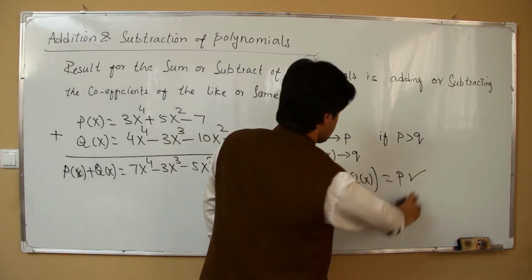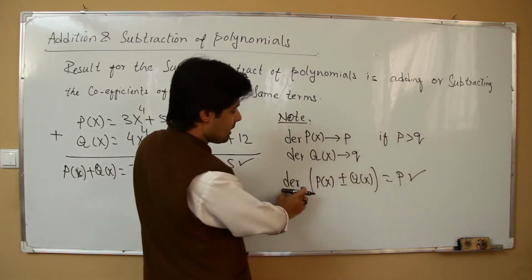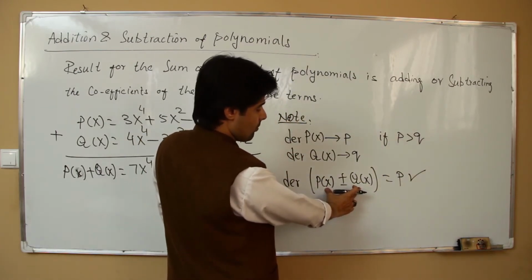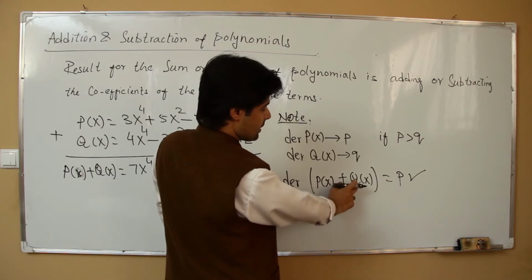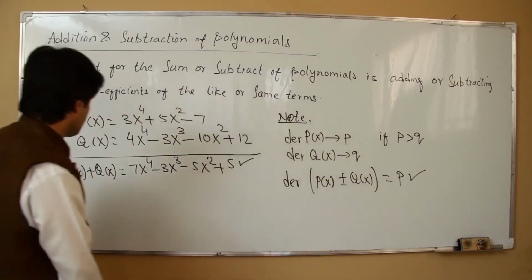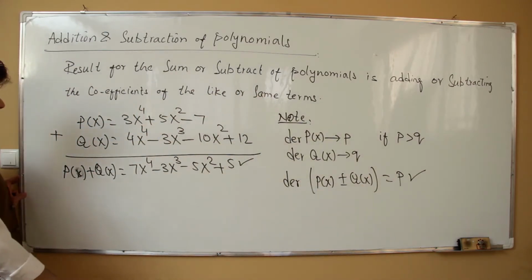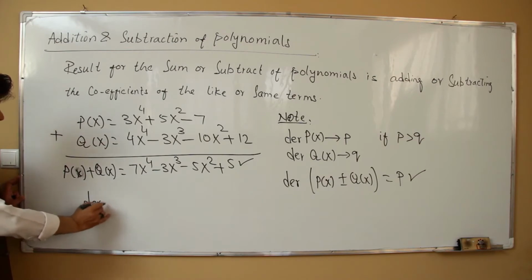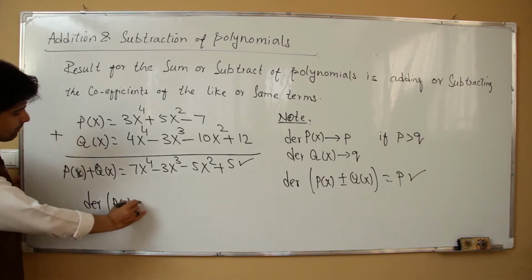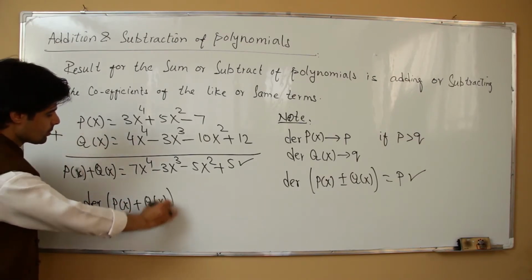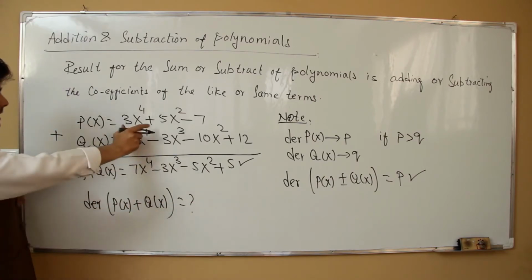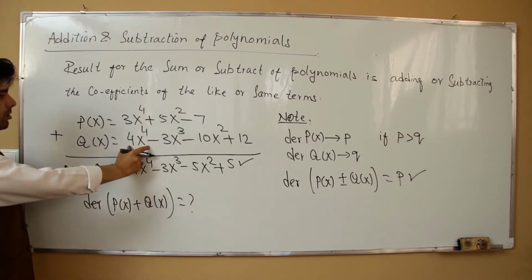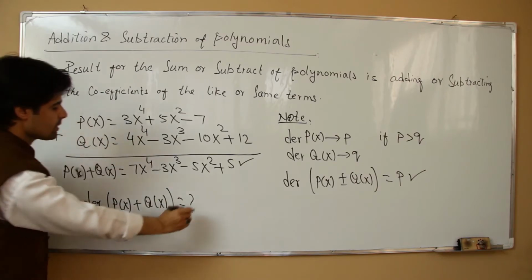Then the degree of P(x) plus Q(x) or P(x) minus Q(x) is p. Look in here. If I ask you what is the degree for P(x) plus Q(x), P(x) is 4, Q(x) is also 4. They are the same, then it is 4.